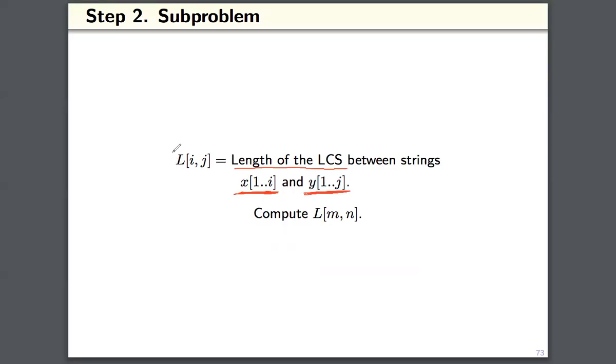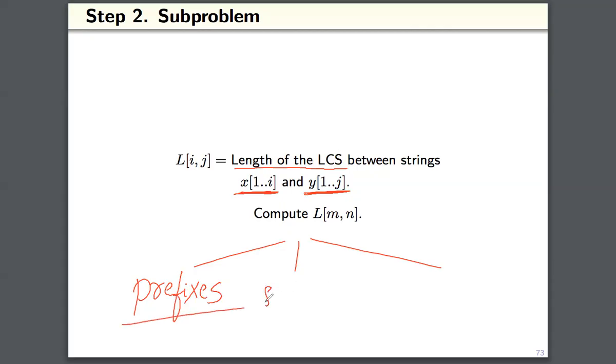So what are the three types of subproblems in strings usually? Typically, majorly one of these will be used: prefixes of strings, suffixes of strings, or substrings of strings.